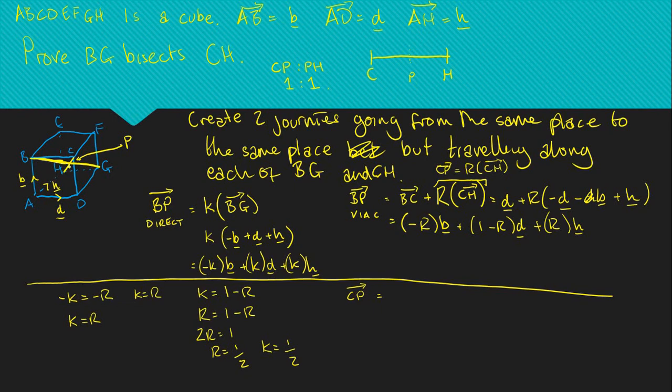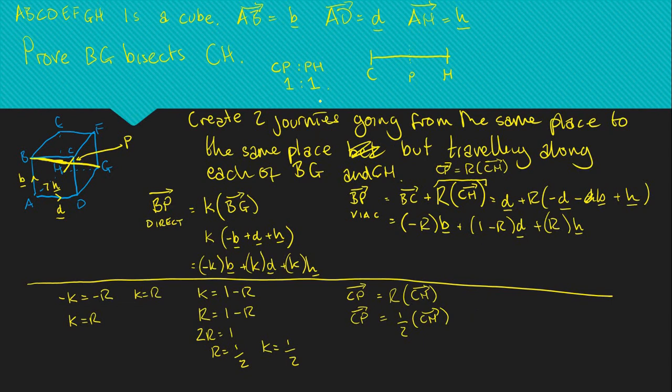R is the ratio on that line, K was the one that went on that one. And so what we know is that C to P is equal to R of C to H. R is equal to a half, so C to P is equal to 1 half of C to H.